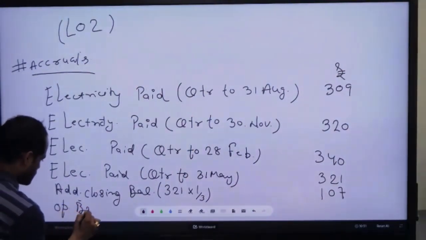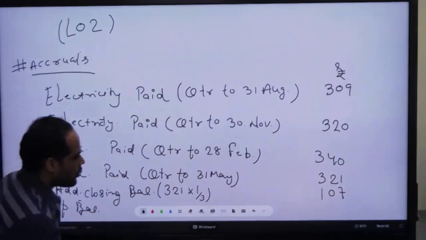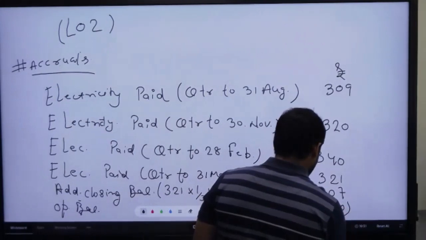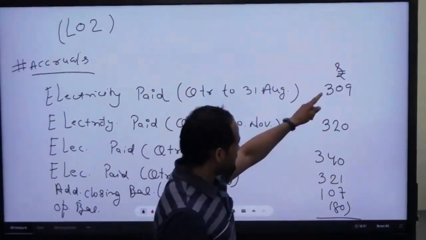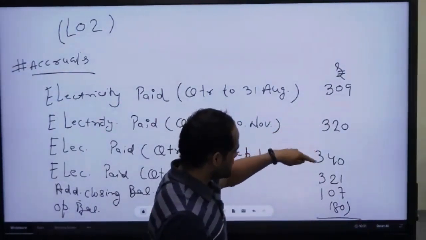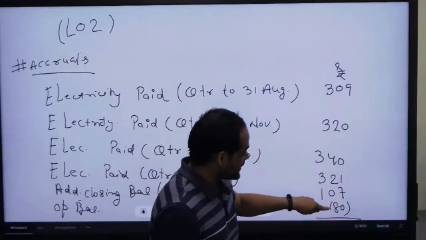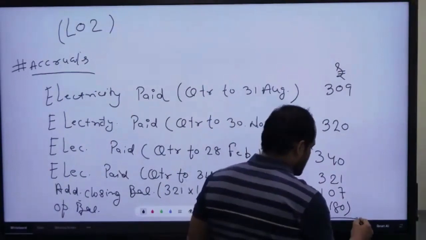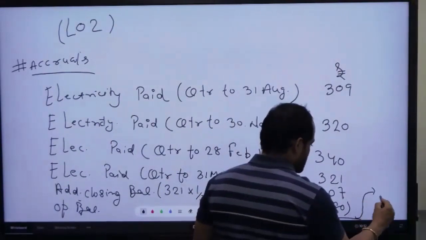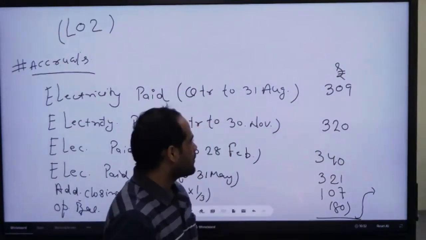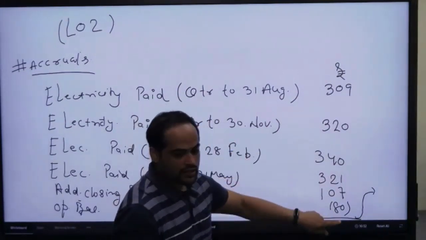Opening balance is 80. So this plus this plus this plus this plus this and minus 80. Whatever is the number, that is your answer. Can you tell me how much is the number? Add them all and subtract 80.